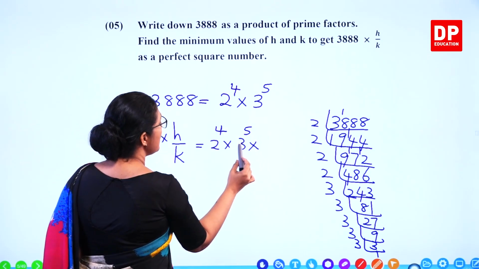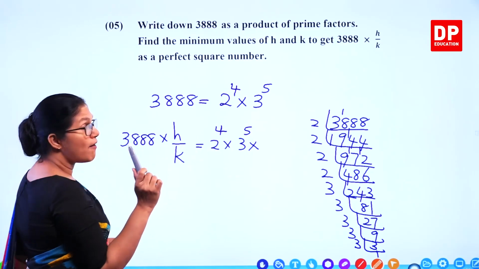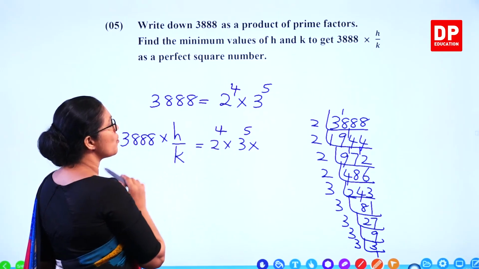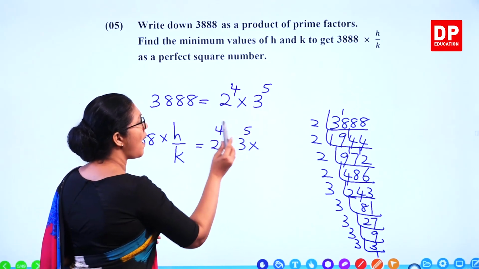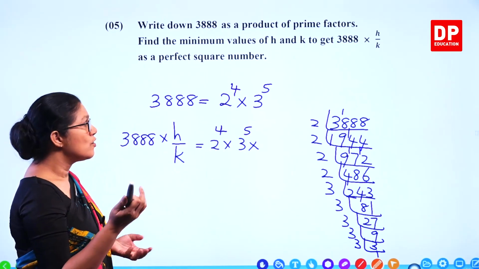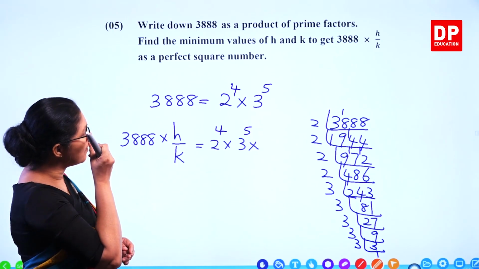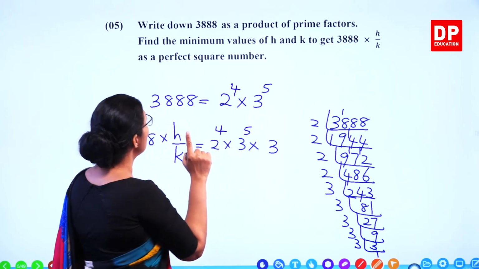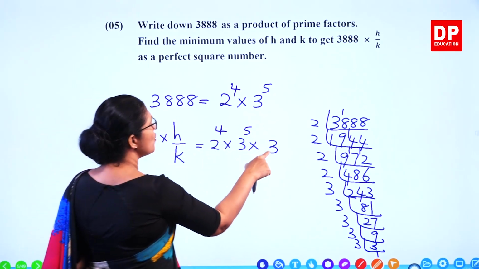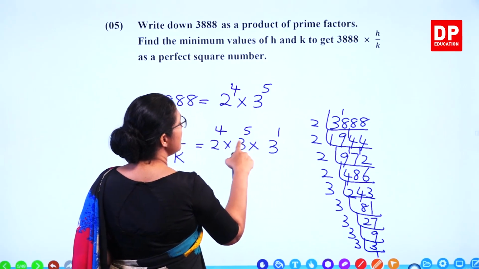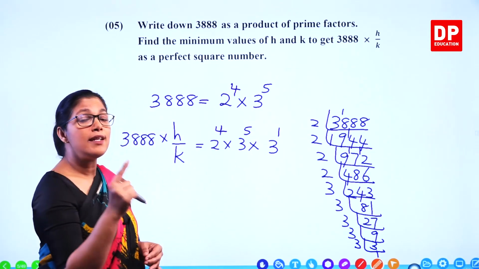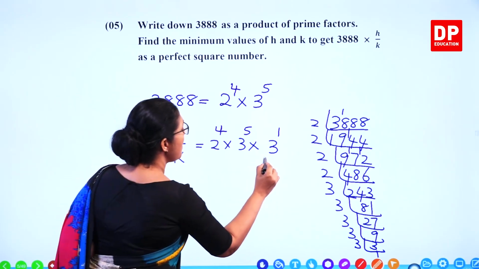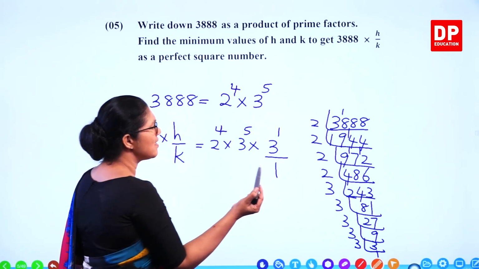Now see, even power is there for 2. So you can take the square root easily. But for 3, there's 5, an odd power, so you can't take the perfect square. So if you multiply by another 3, we need to find the minimum value. If you put 3, you get 3 to the power 6 and then you can take the square root easily. So what about the k value then? You can get 1.